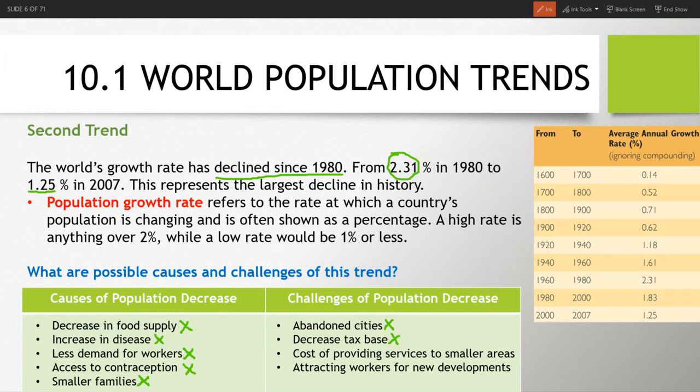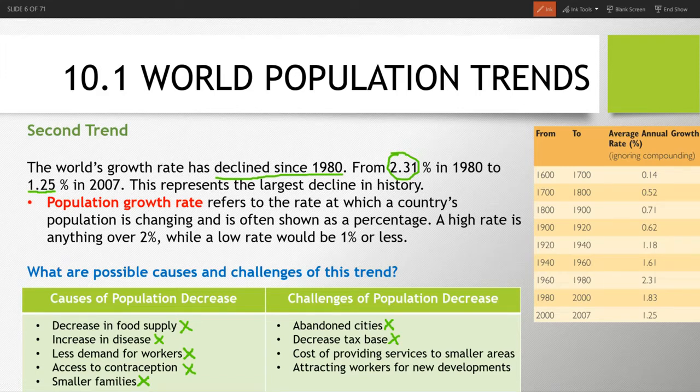If there's fewer people in the population, then chances are the tax base has declined, the number of people that you get taxes from in terms of the government. So with a decline in that, there's less money available for governments to spend on the things that people need, which creates a whole other area of challenges that we'll look at later.